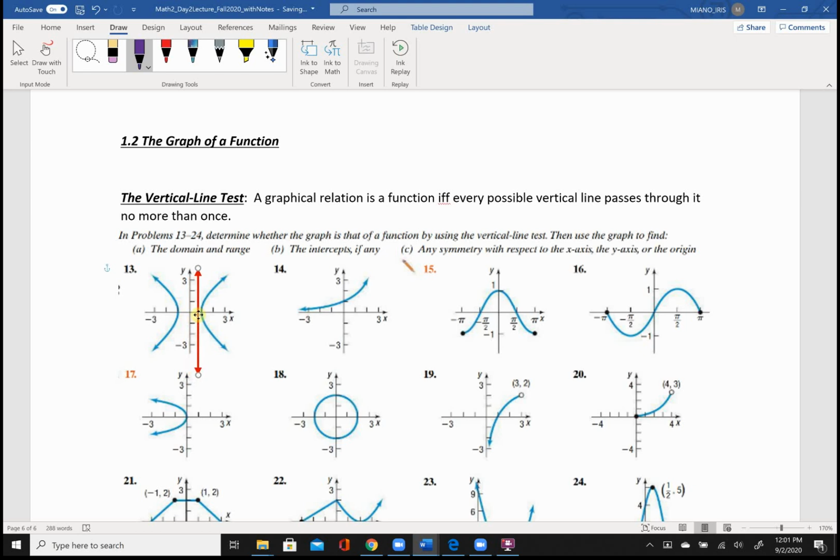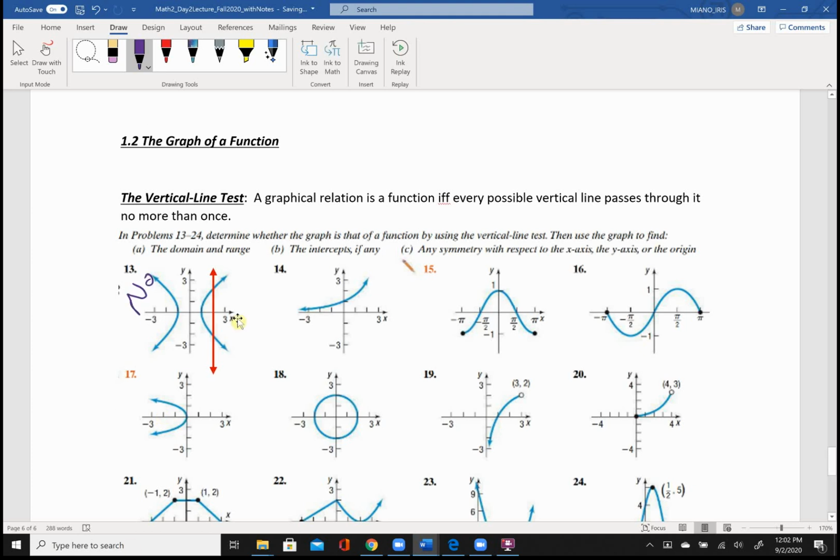Notice that if I have my vertical line just right here, over this little edge of my curved trajectories, it only seems to be crossing once, but if I move it any further to the right, I have 2 crossings. You guys see that? Here's a crossing right here, and here's another crossing right here on the same vertical line. So that makes this not a function, okay? Not a function, so no to the function.